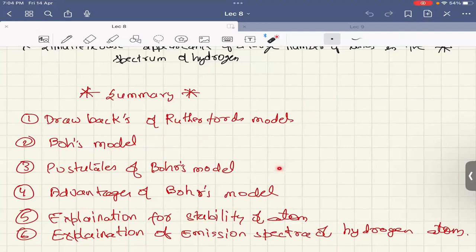Then we studied the postulates of the Bohr model in detail, and subsequently we studied the advantages of Bohr's model, like the factors that Rutherford's model was not able to explain that we could successfully explain with the help of Bohr's model. We explained the stability of the atom, which is the advantage of Bohr's model over Rutherford's model, and we explained the emission spectra of the hydrogen atom.